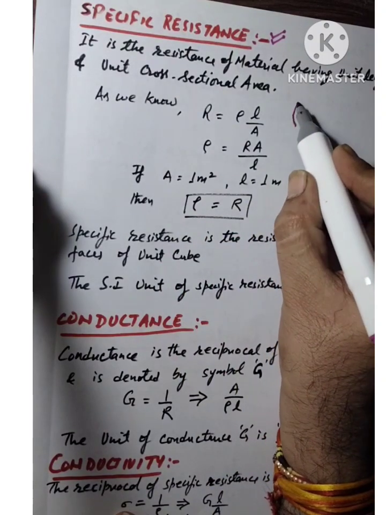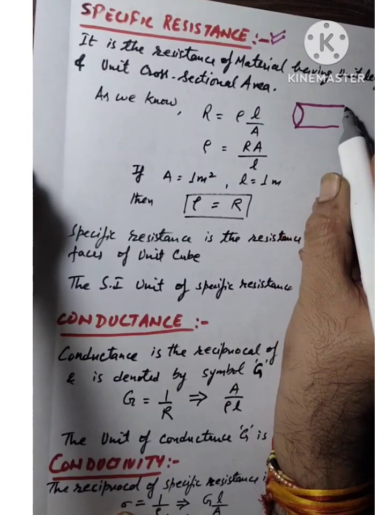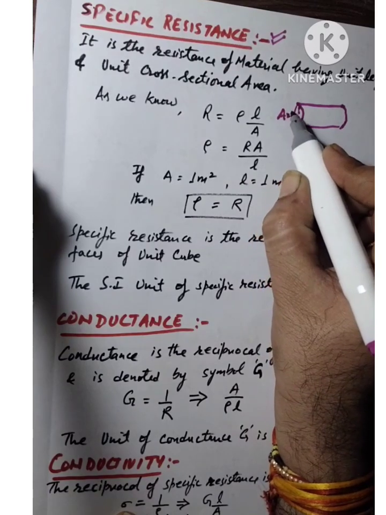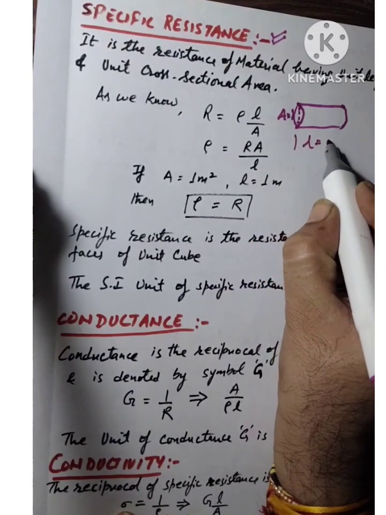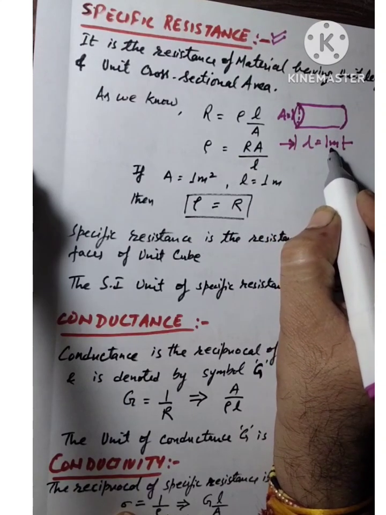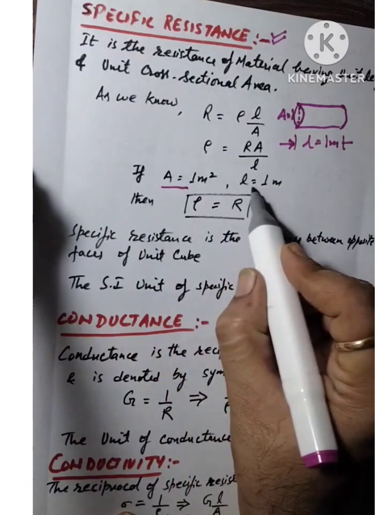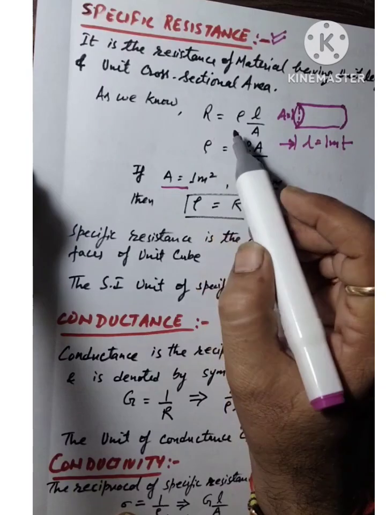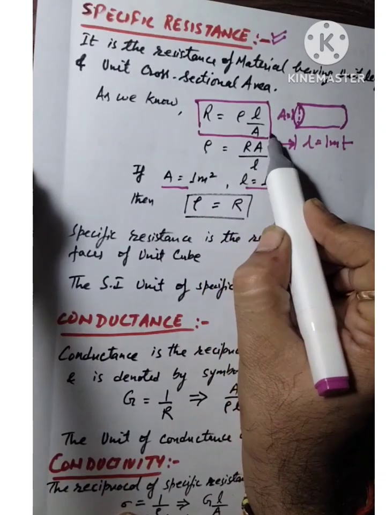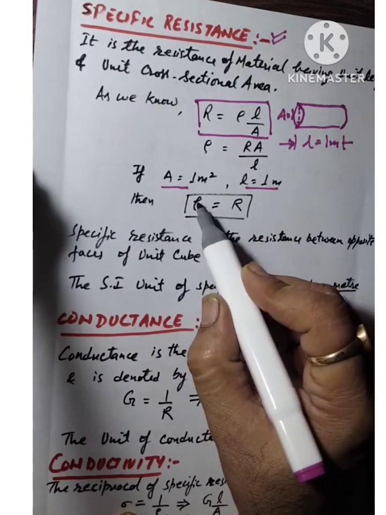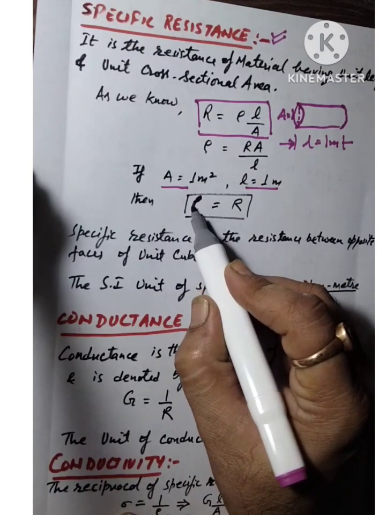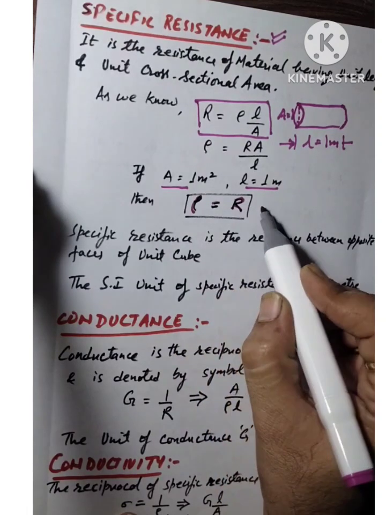Suppose it is a resistance of wire, if it has an area equal to 1 meter square and length equal to 1 meter, then if we apply the area and length in the formula R is equal to rho L upon A, we will get rho equal to R. This is called specific resistance.